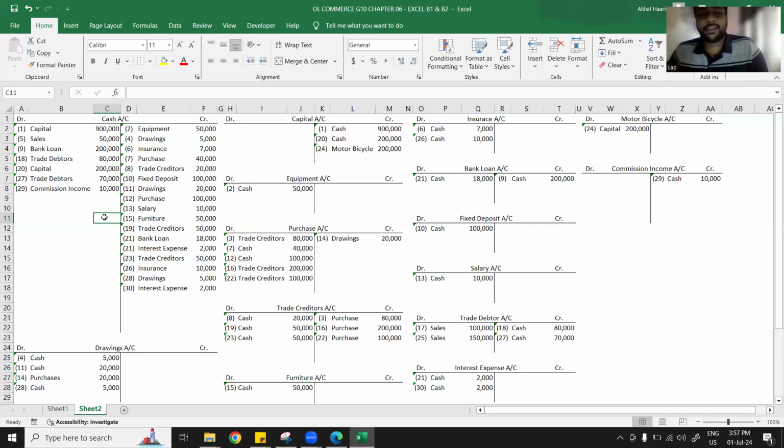You can't take this much time, huh? Only a few numbers to add, no? Quickly add and tell me. Cash account, debit side total. The total of the highlighted one. Tell me quickly. 1510000.